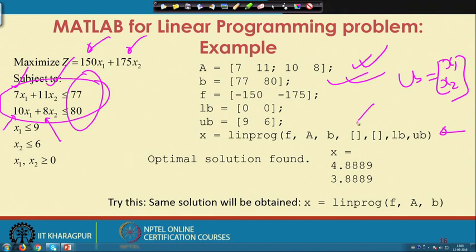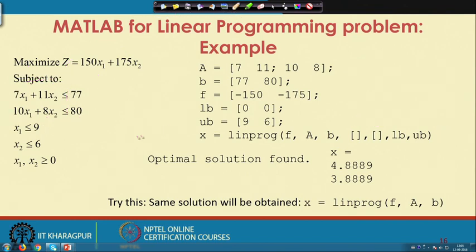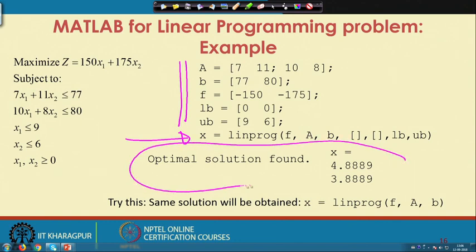Note that I do not have any equality constraints. So, these two null matrices are kept there. Now, if you write these statements in the MATLAB command window, or you create an M file and run it, you will get an optimal solution.